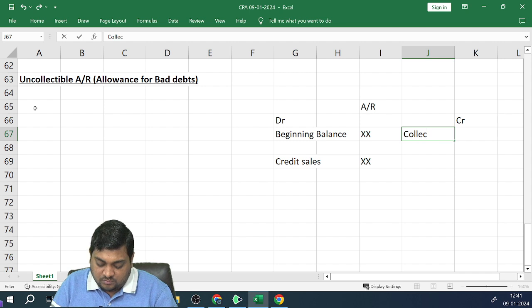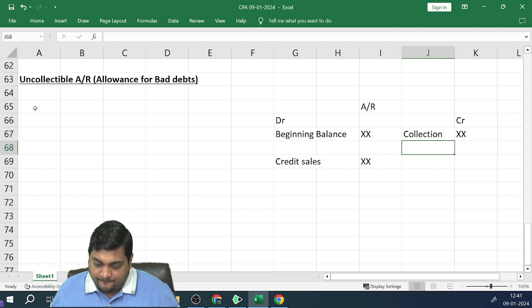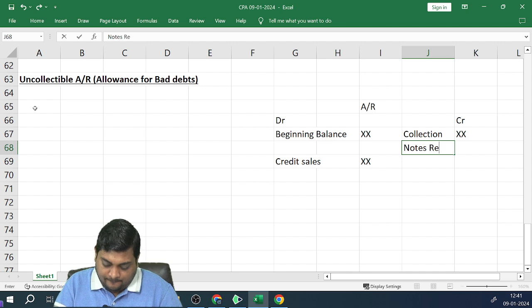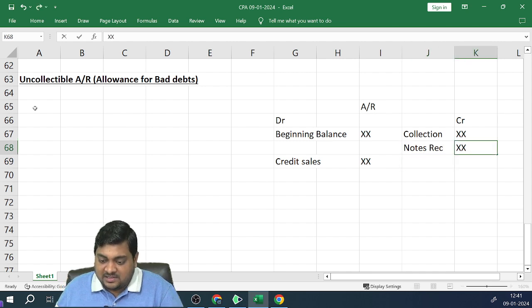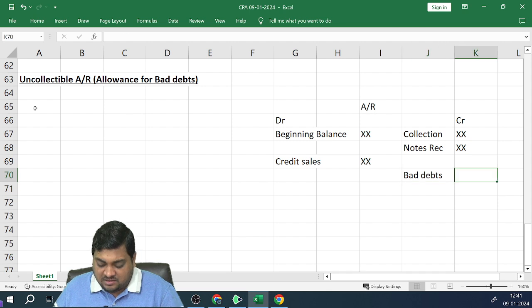Now, because of collection it will decrease. When it is converted into written promise, then also it will decrease. We had bad debts, then also it will decrease.